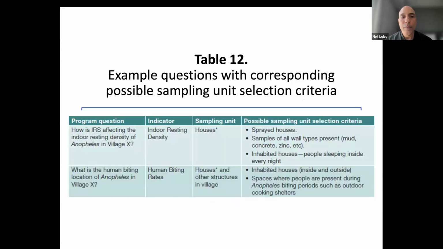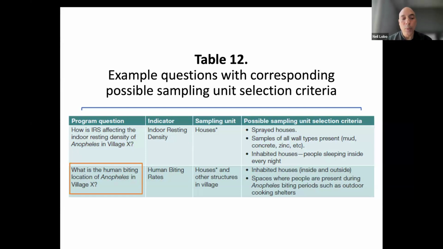In table 12, you have example questions with corresponding sampling units and selection criteria. We can go over a quick example. If we're looking at the human biting location of anopheles in an area or in a village, since it's human biting, we'd look at the human biting rate, and the sampling unit can be houses and other structures in the village.